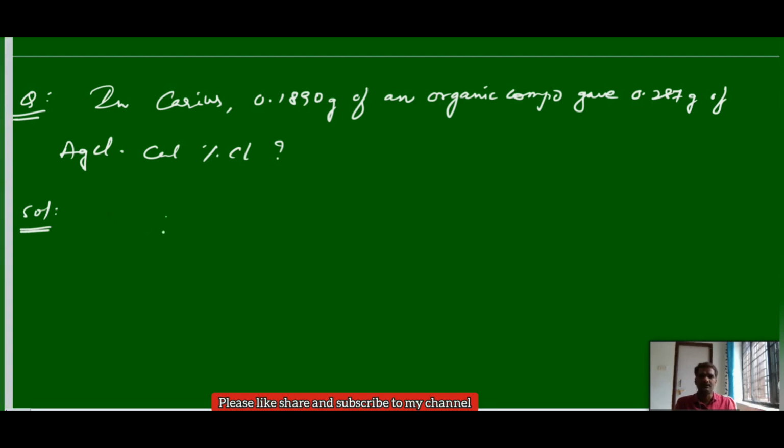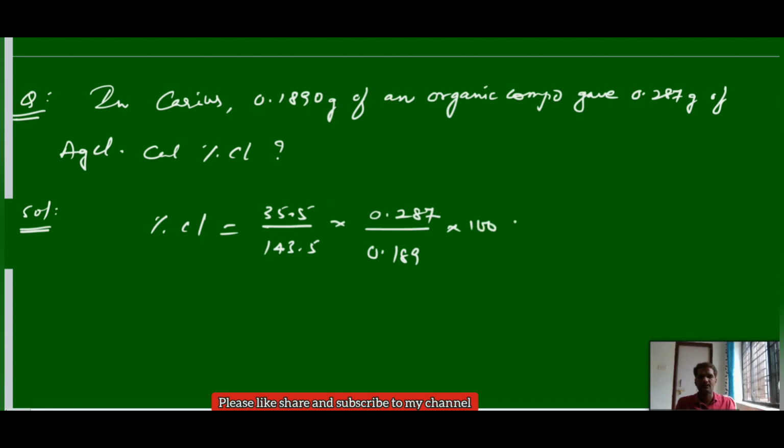Just use the formula: percentage of chlorine is equal to 35.5 by 143.5 into the weight of AgCl formed, 0.287, by the weight of organic compound, 0.189, into 100. That is it. If we simplify this, we will get the answer. You will get approximately 37.8%. This much percentage of chlorine is there.